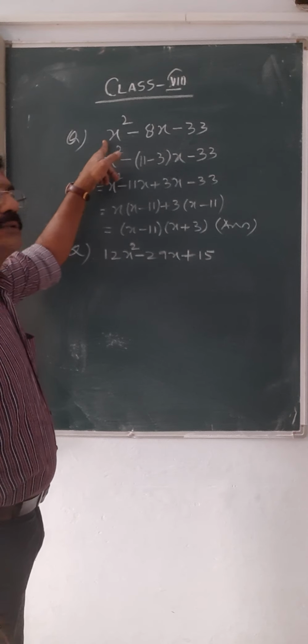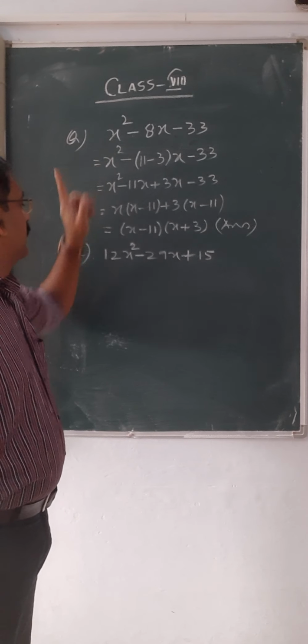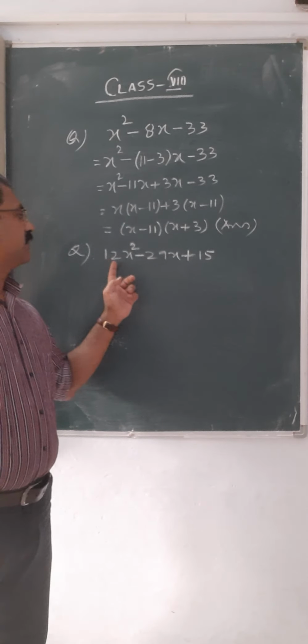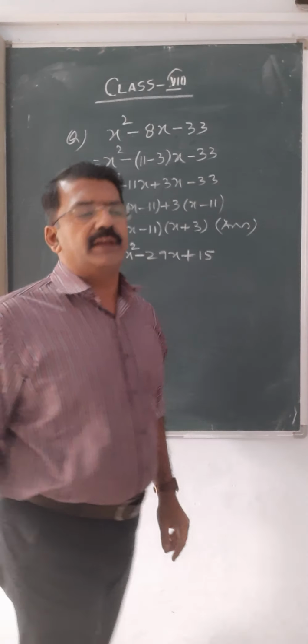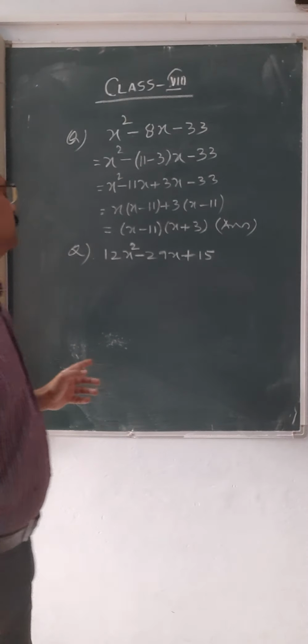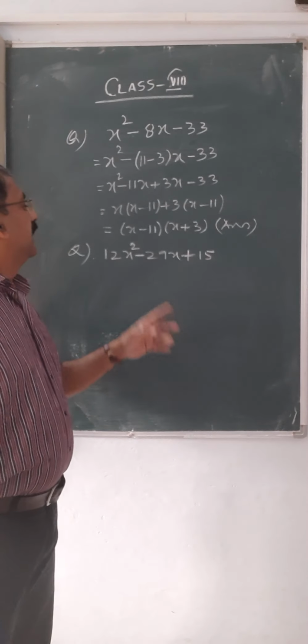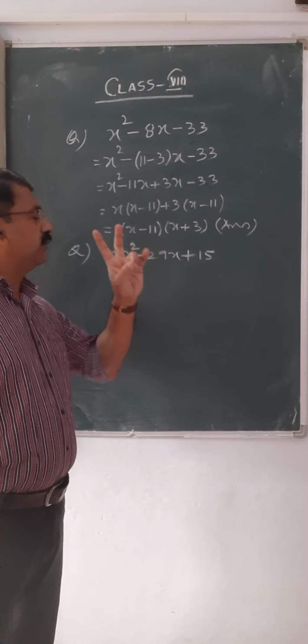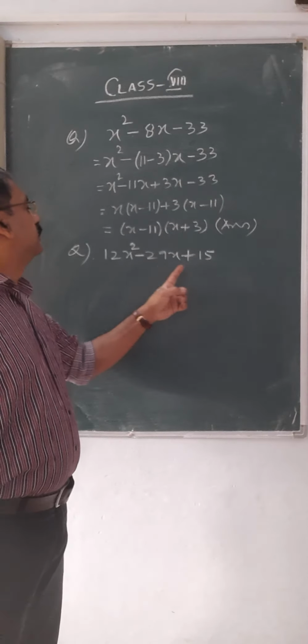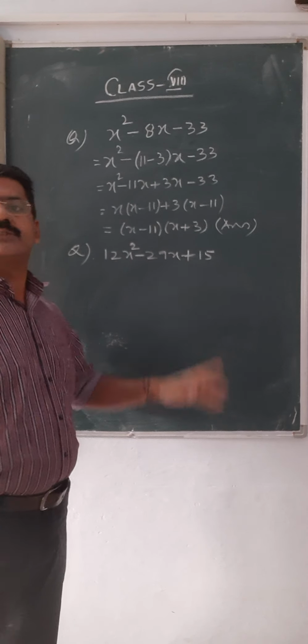In that example you see the coefficient of x square was 1, but here the coefficient of x square is 12. So what we do, first of all you multiply 12 and 15. When you multiply 12 and 15, you know it is 180. Now you have to think of two numbers whose product is 180 and whose sum is 29.